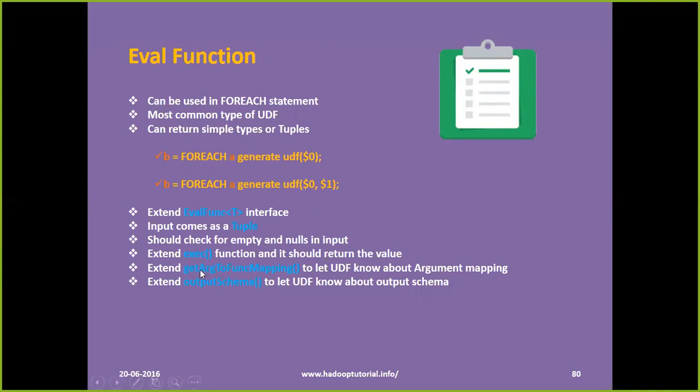Getting the argument to function mapping and the output schema are the additional two methods that will be present in this EvalFunc interface or the UDF class. These are optional ones, but I will tell you the importance of these two functions as well. But we'll see the bare minimum UDF and how to write it.